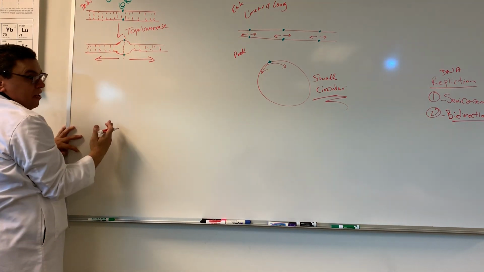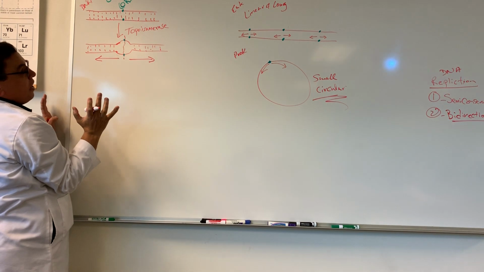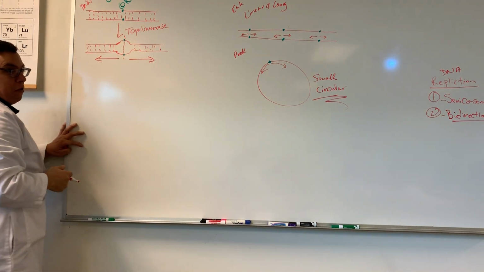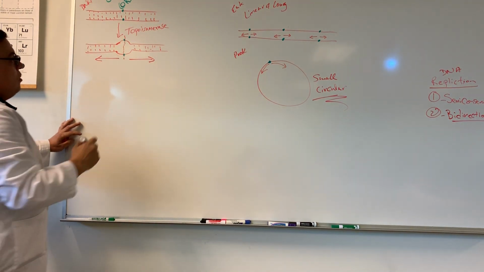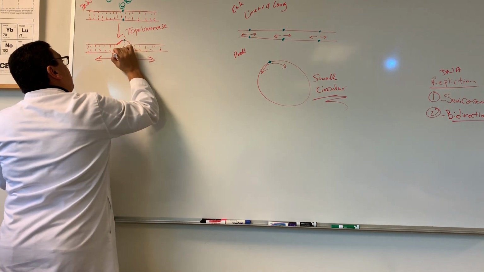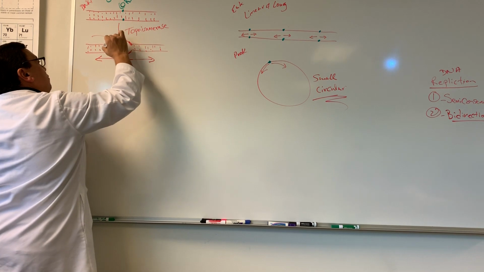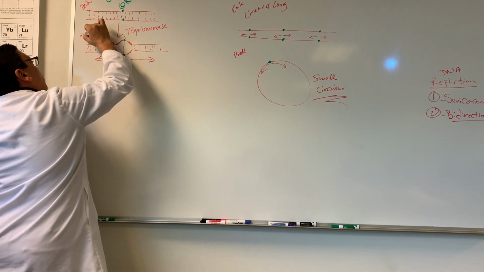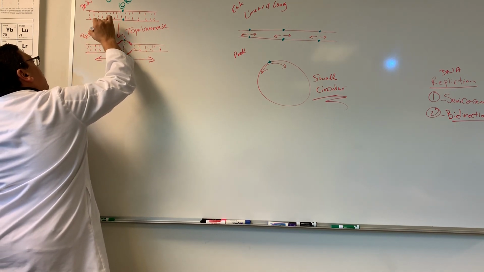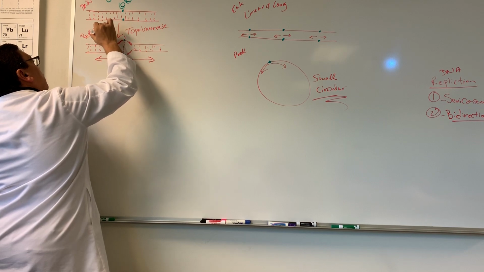The symmetry point is the imaginary line down the origin of replication. So this area right here creates like a V-shaped structure, and this area here also, that's called the replication fork. This region is called the replication fork.